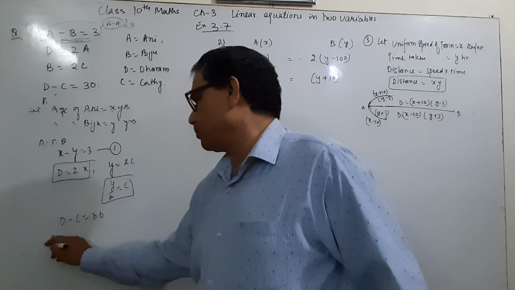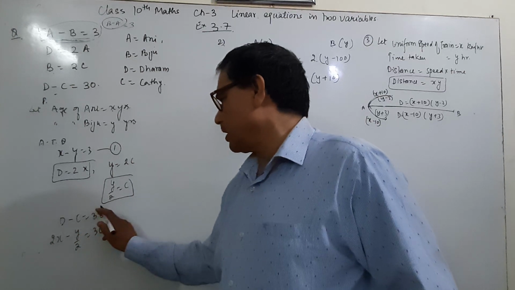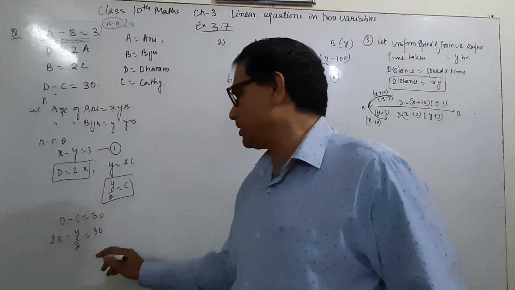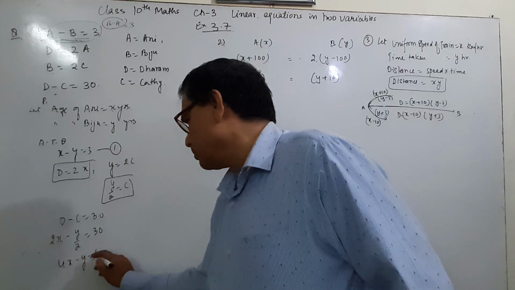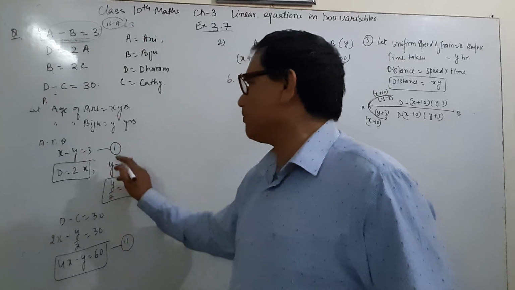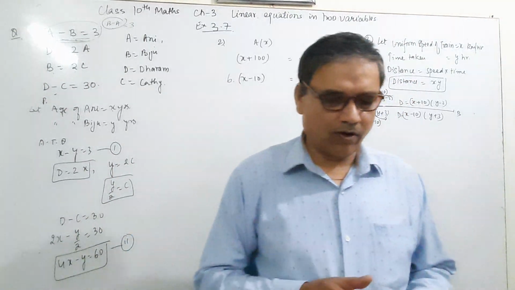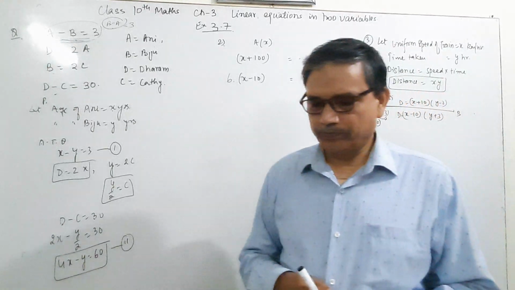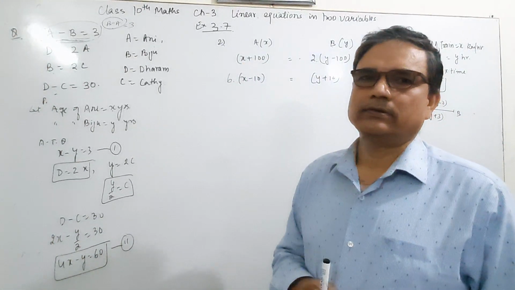And D is 2X, so 2X minus Y upon 2 is equal to 30. Now taking LCM, I think you can do it, we get 4X minus Y is equal to 60. This is equation number second. We solve the first and second, and we will obtain the value of X and the value of Y. In this way we can solve. Is it clear?